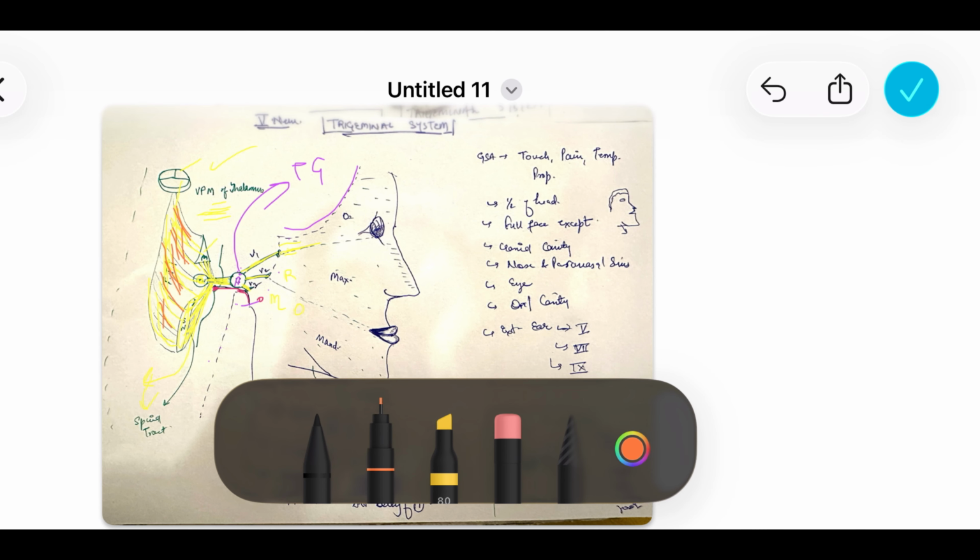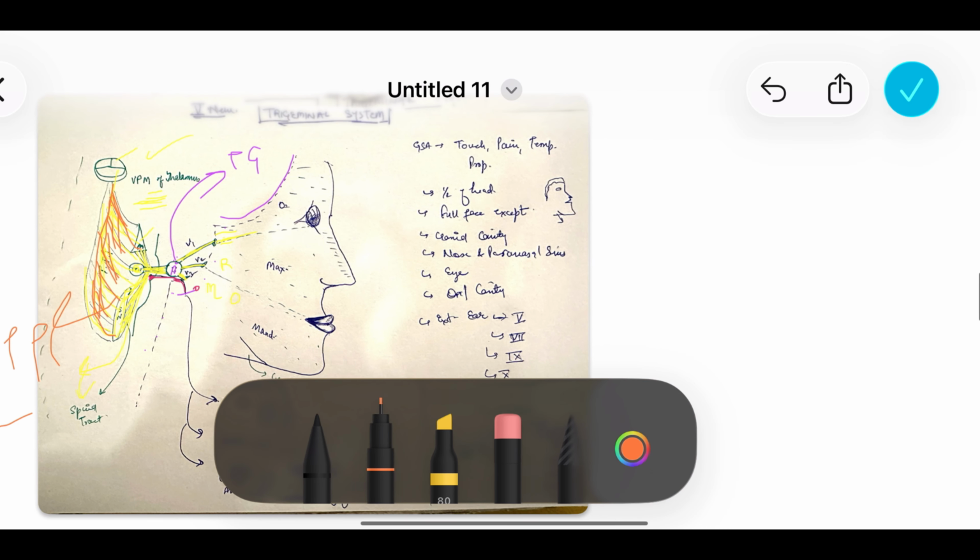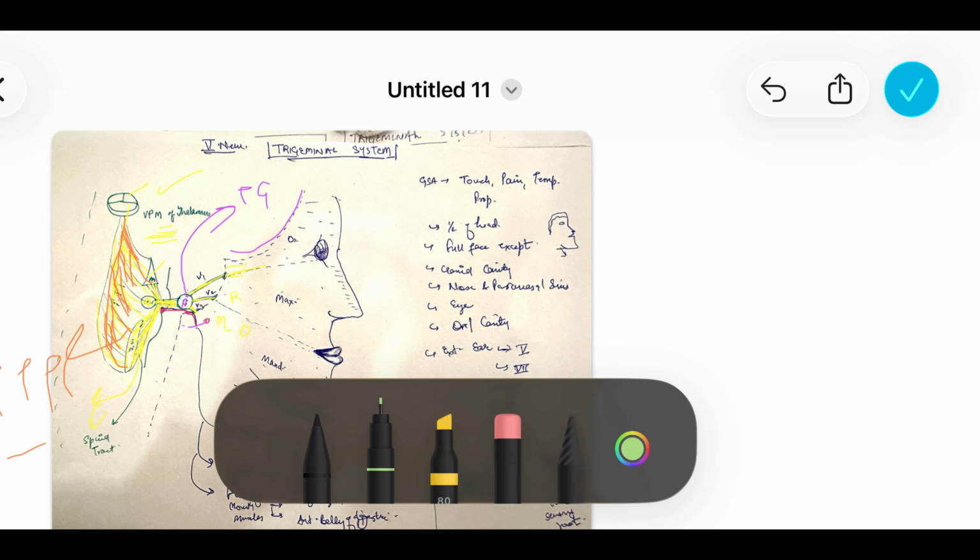Okay. All these fibers coming out from all these nuclei and reaching the thalamus also form a tract, and this tract is called TTT, trigeminothalamic tract.